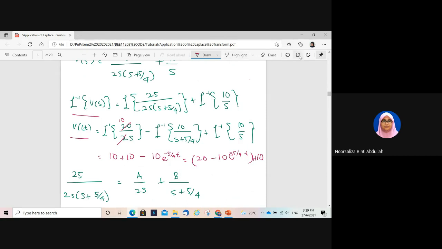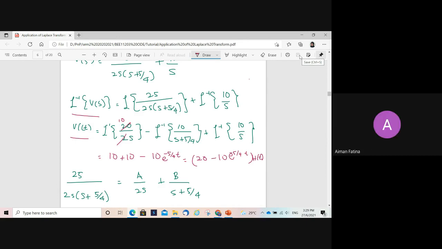Ada soalan lain tak? I'm not going to discuss about the double loop, okay? Double loop ada keluar madam. Double loop tak ada. Madam ada contoh untuk RCL?